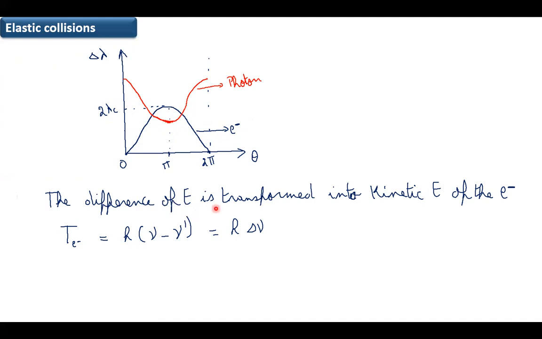And this difference of energy is transformed into a kinetic energy of the electron. So the electron comes out with a certain velocity, with some kinetic energy that is equal to h delta nu, or h times (nu minus nu prime).